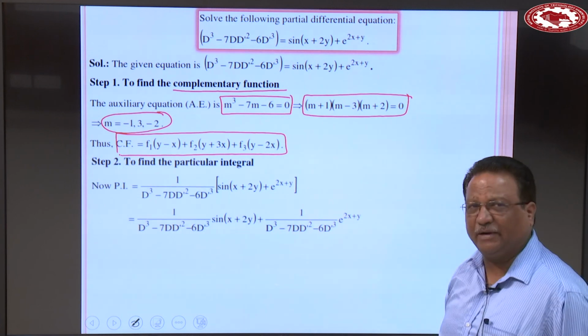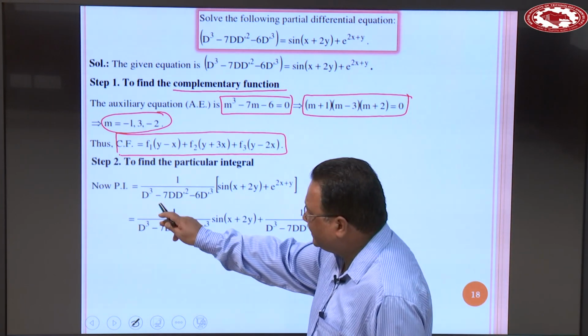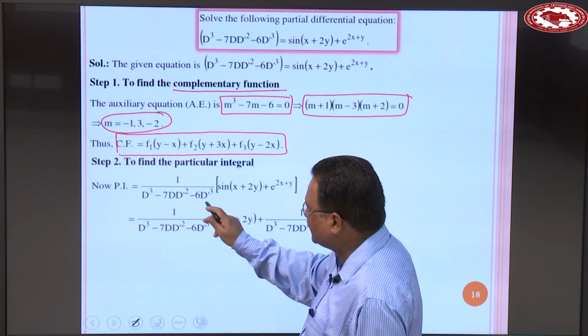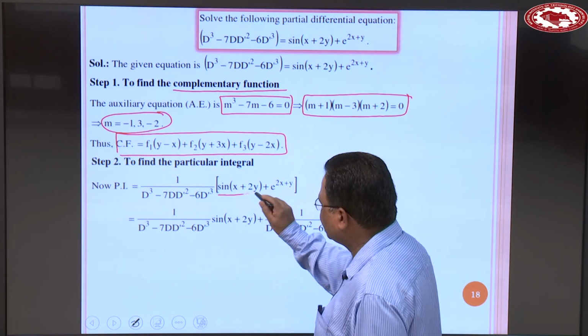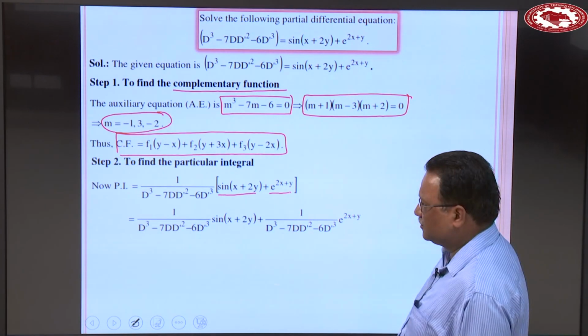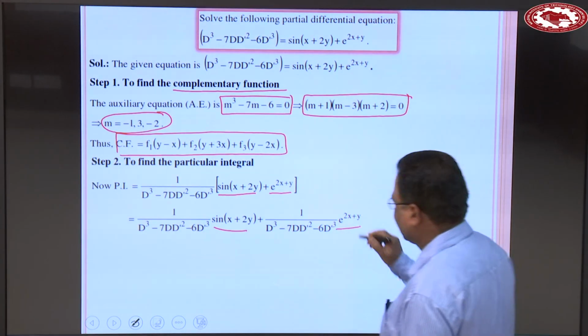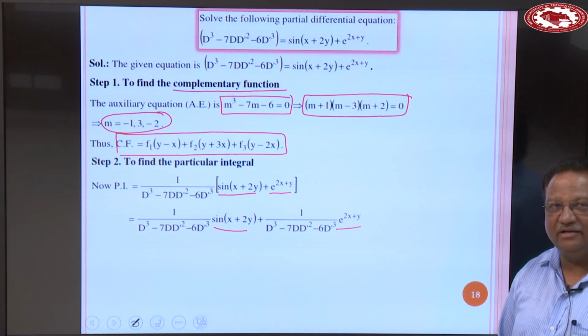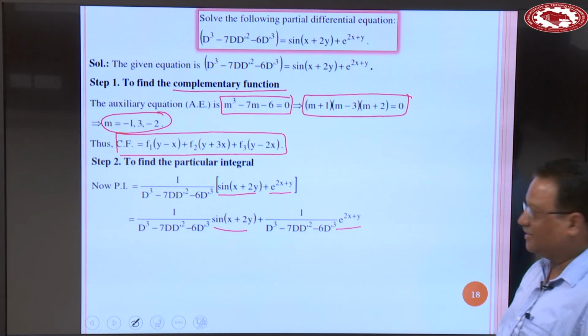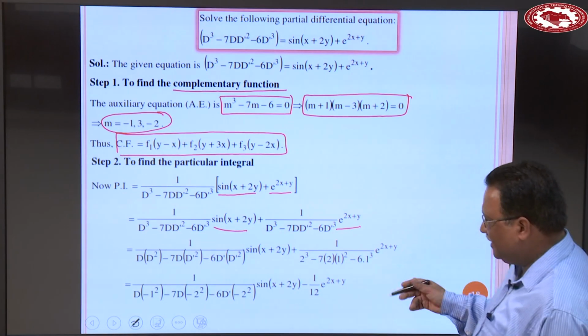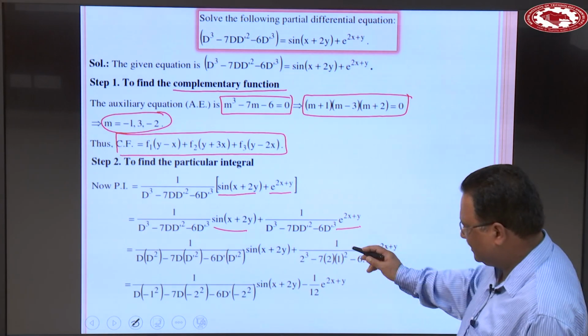How can we write particular integral? 1 over (D³ minus 7DD'² minus 6D'³) is equal to first term plus second term. So separate first term plus second term. Now use the method. When you apply the method, you will get this result.